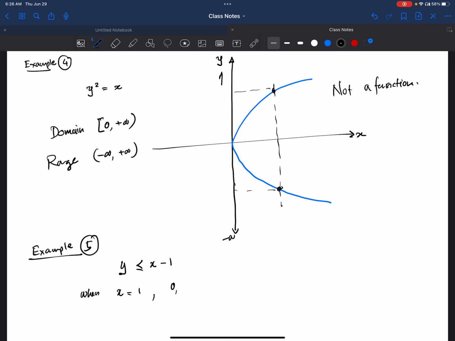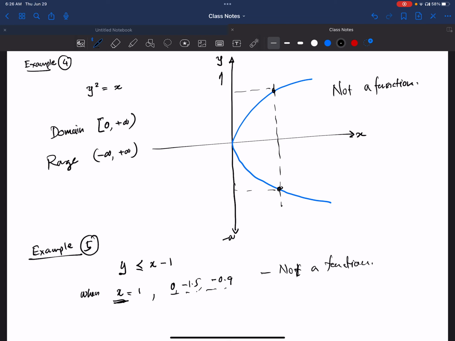So y could be 0, y could be negative 1.5, y could be negative 0.9, anything, right? So for one value of x, you have multiple values of y. So this is not a function. And the domain and range could be negative infinity to positive infinity in this case.